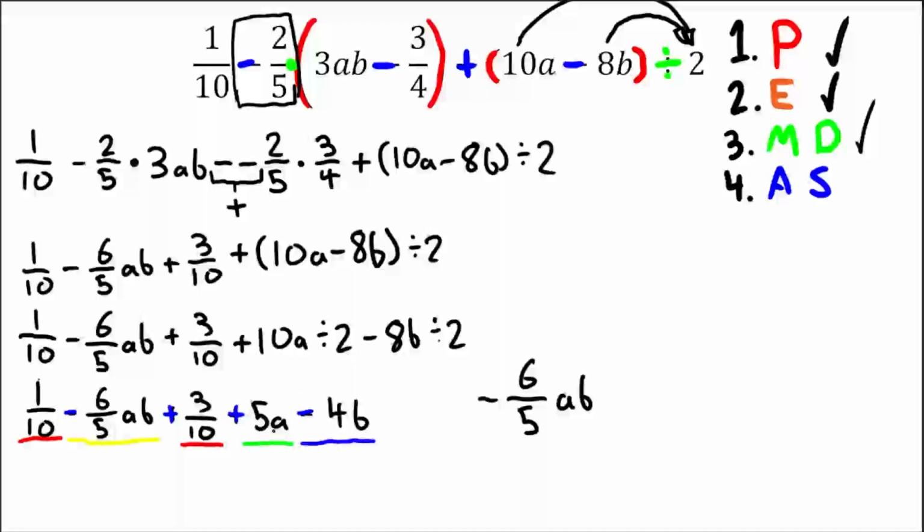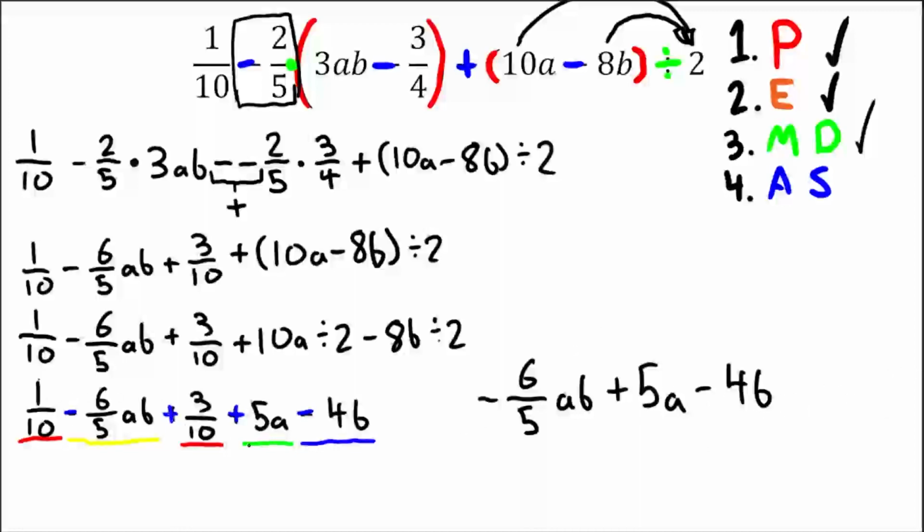Next we have to do it in alphabetical order, right? So it goes A, B, C, D, E. So we have 5a and 4b. I'm going to put 5a on the left and 4b to the right. So plus 5a, and then we have minus 4b, because it goes A, B, C, D, like this, right?